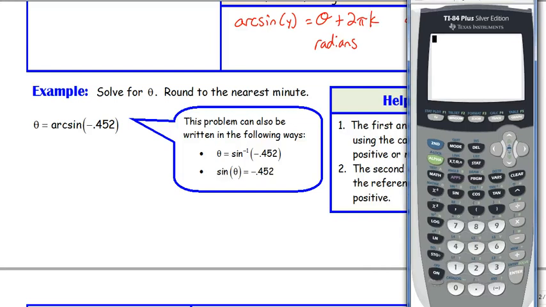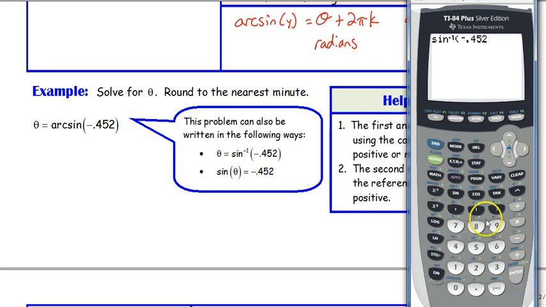First thing you have to do is use the calculator, that's what our helpful hint is, to get the first angle. So remember, arcsine, little arcsine, is the same thing as little sine inverse. So you always use sine inverse, or use the inverse button on your calculator. Make sure you're in degree mode because I say round to the nearest minute. And then just type in, this is just like what you did in geometry actually, find the angle when sine is negative 0.452.